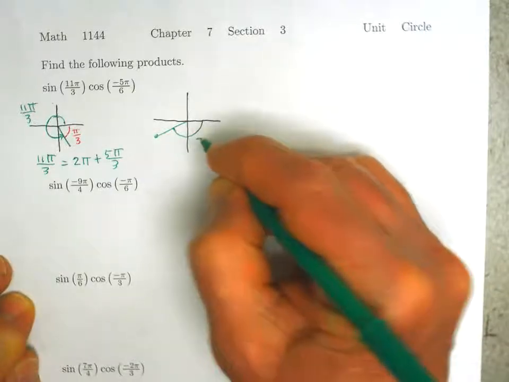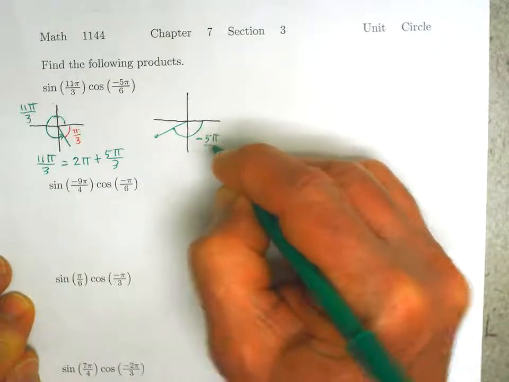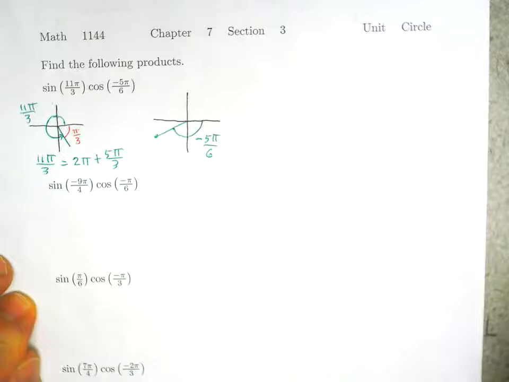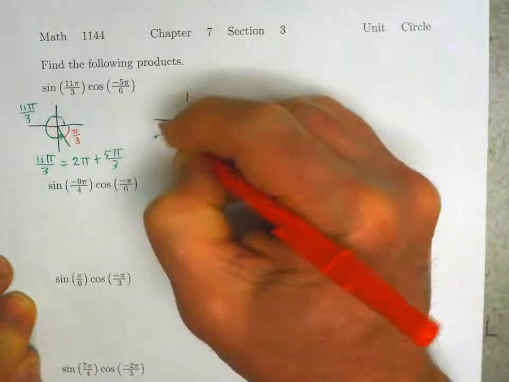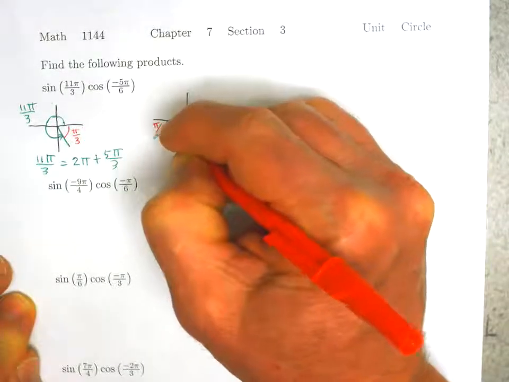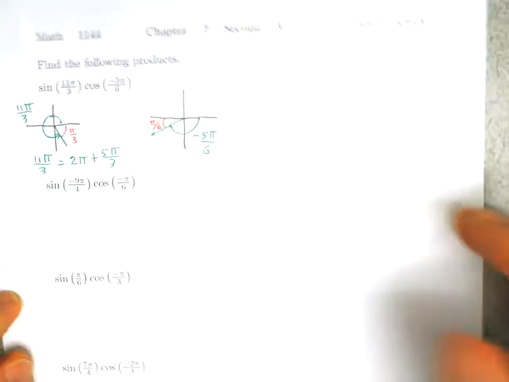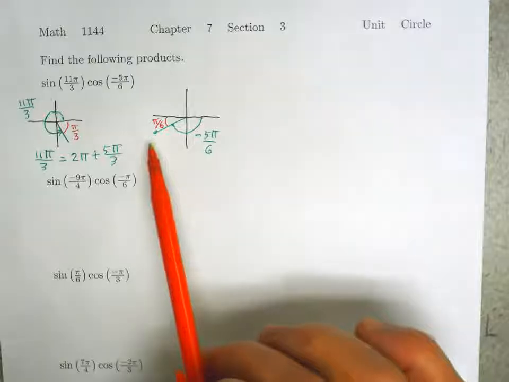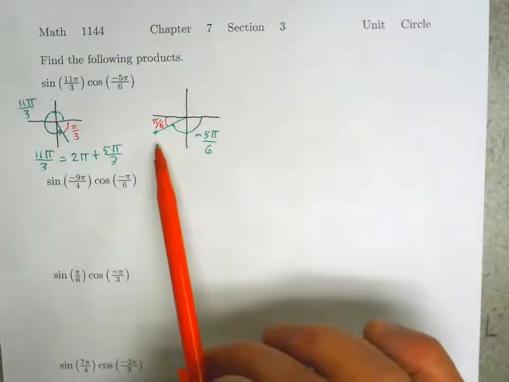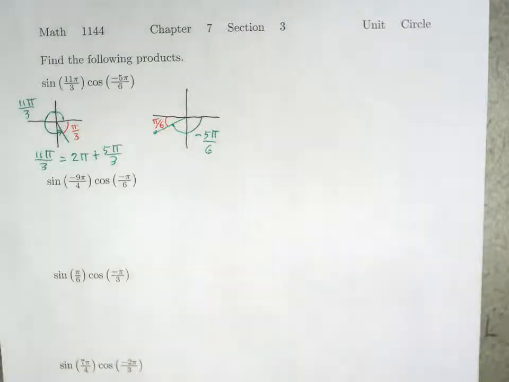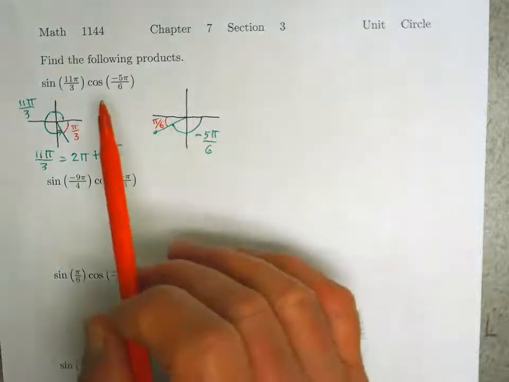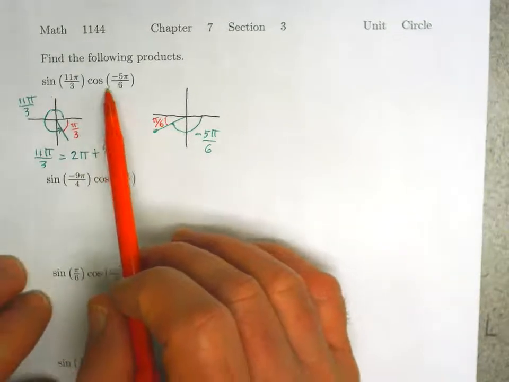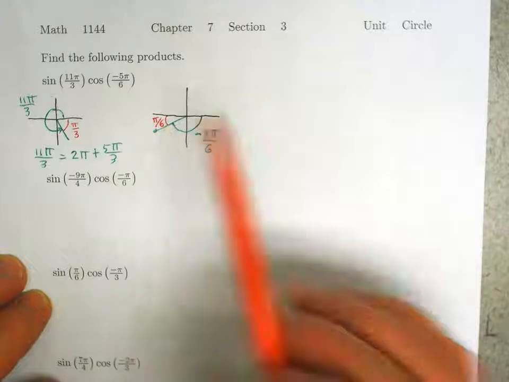So this is negative 5 pi over 6, and the reference angle is pi over 6. Since this is in the third quadrant, both cosine and sine are negative. For this angle, we're just noting that cosine will be negative in this quadrant.